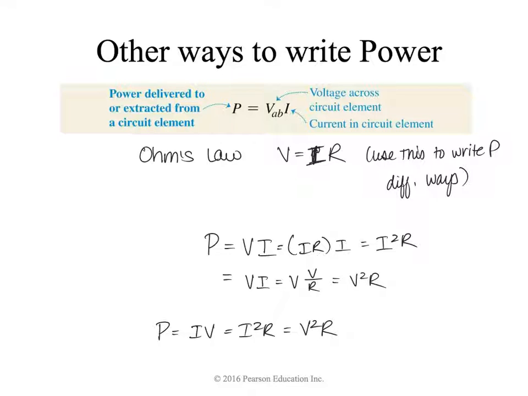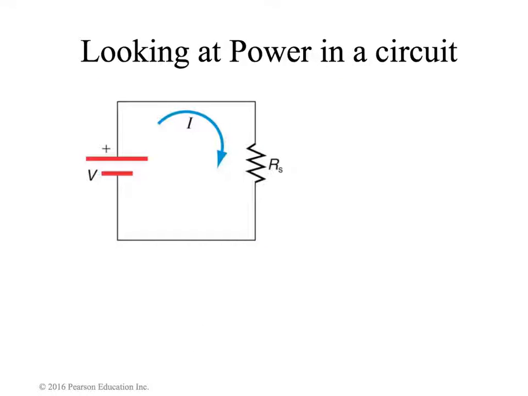For instance, the last two might be more useful when we're thinking of a resistor in the circuit, because they deal with the resistance. This is how much power is gained when we go through the battery, but this is how much power is lost as we go through the resistor. So we can look at this one more time.